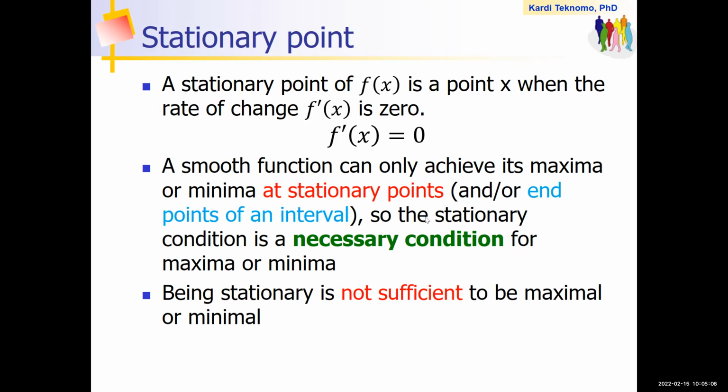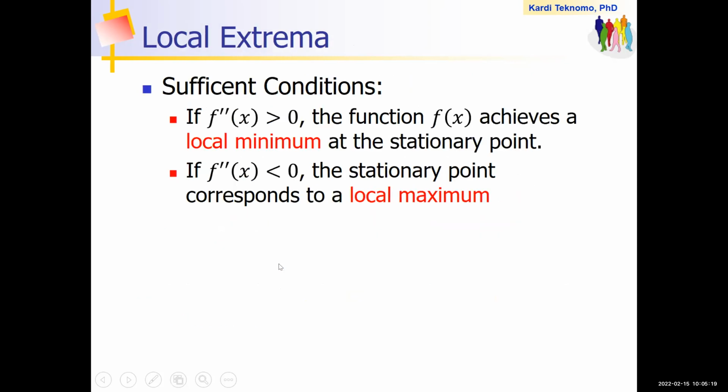So if the first derivative is zero, this is called a stationary point. This is the necessary condition for being maxima or minima, but it is not sufficient. So then you need the second derivative. If the second derivative is positive, then this is a local minimum. If the second derivative is negative, then this is a local maximum. So this is the review in calculus.